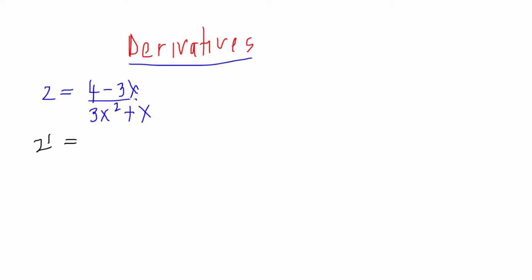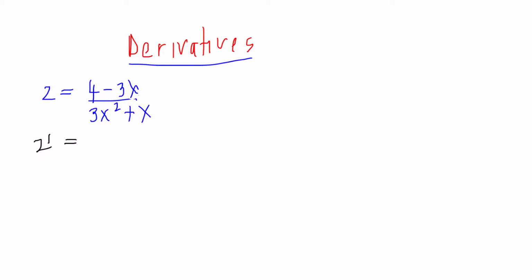We will just use the same rule that I showed you in the previous video. If you didn't see it, I'm going to put the link somewhere above. You can follow it to see that previous video. We are going to use that rule, the quotient rule.